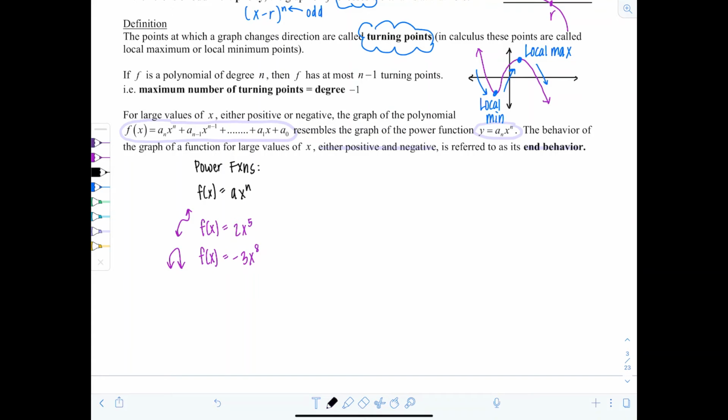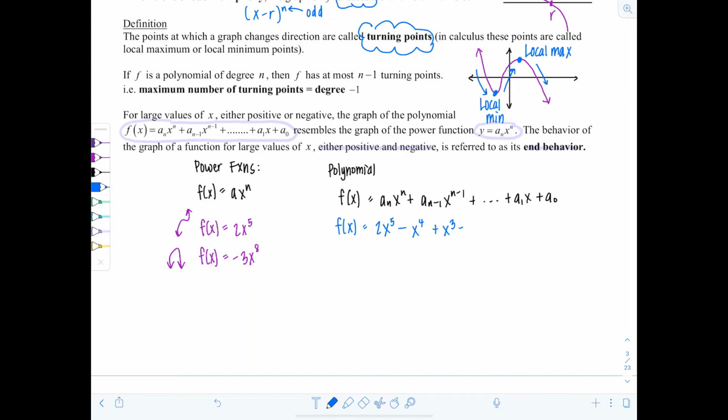And what this is telling me is if you have just a polynomial, not a power function, and it has a bunch of terms in it, so a sub n x to the n plus a sub n minus 1 x to the n minus 1 all the way down to the last terms, and say it has the form f of x equals 2x to the 5th minus x to the 4th plus x cubed minus 7.